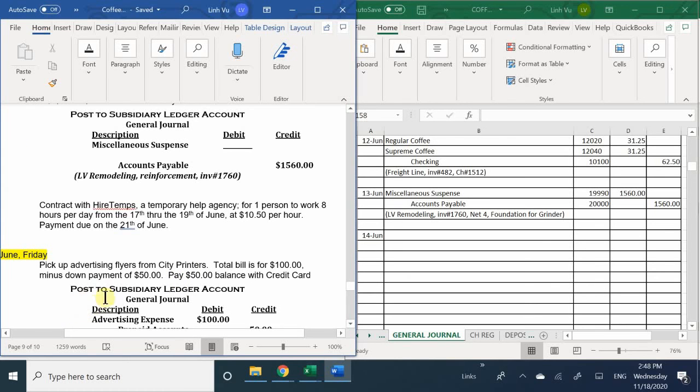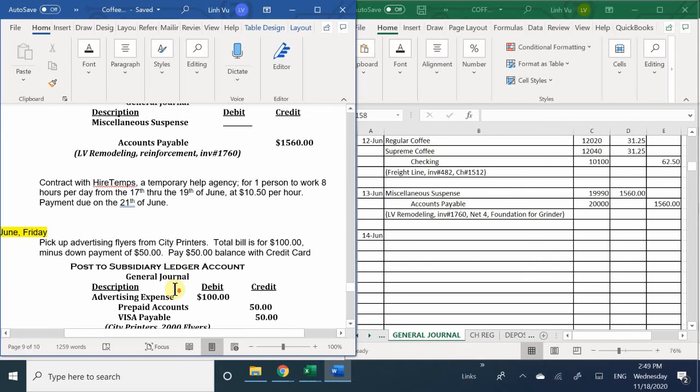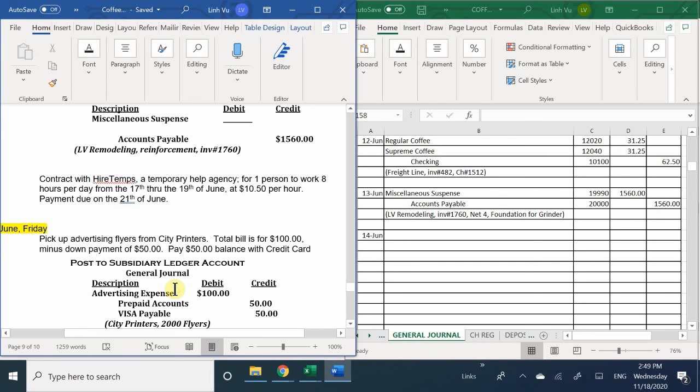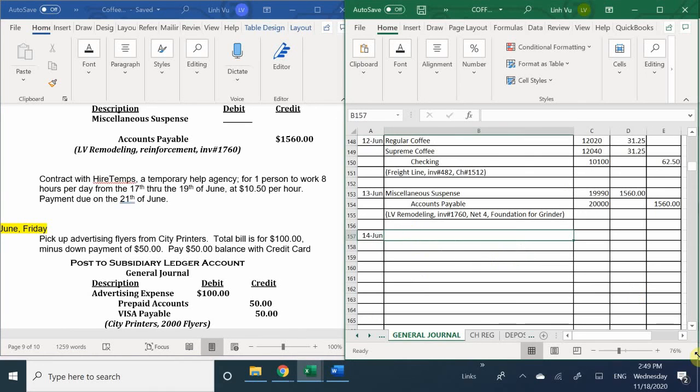So how are you going to journalize this? What was your total advertising expense here? It was the $100, right? And we're redeeming our $50 voucher. So therefore, all we have to do is make a payment of $50 extra. So advertising expense is going to cost you a total of $100.